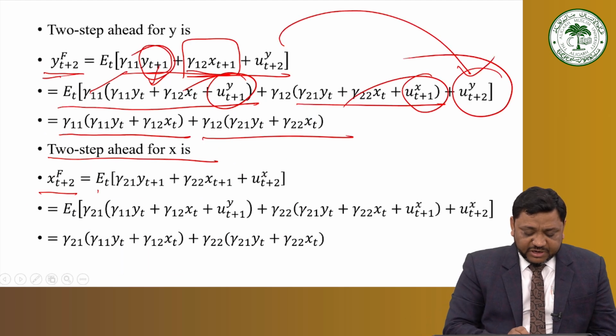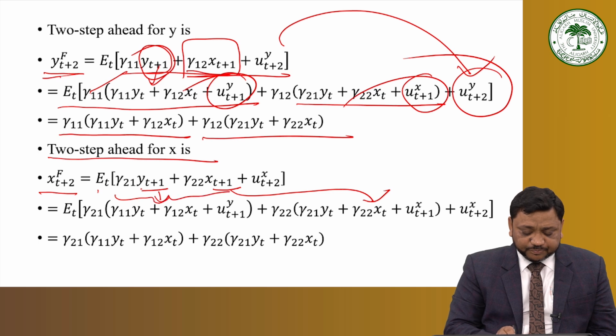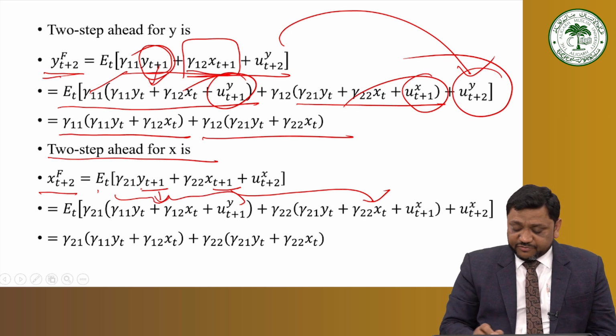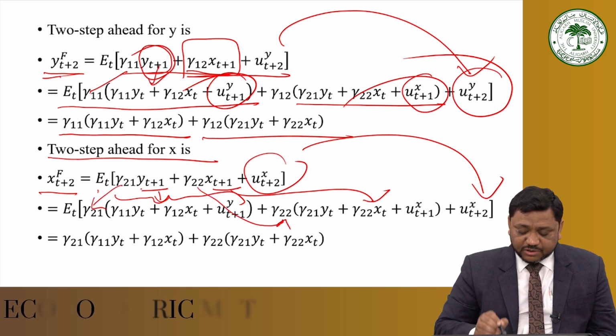So in place of yt plus 1, we incorporate this term. In place of xt plus 1, we incorporate this term. And then we have our error term coming over here. Here this gamma 21 is coming over here, gamma 22 is coming over here.